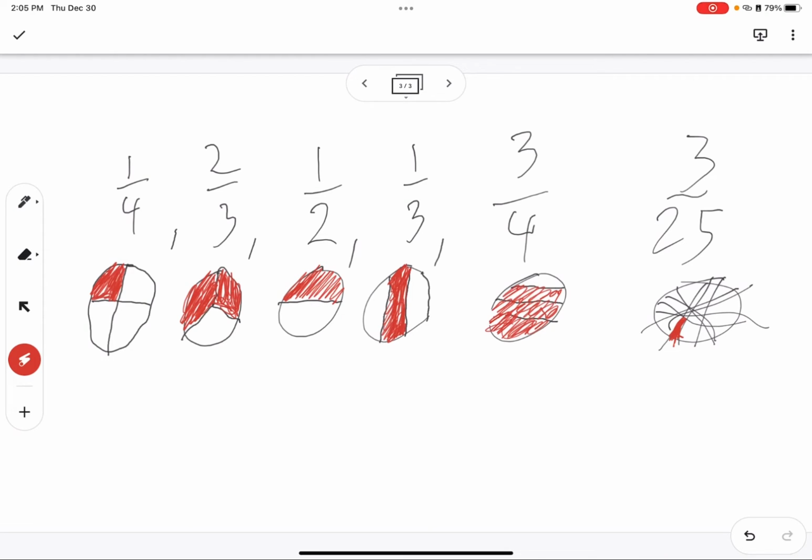Right. So when looking at fractions, if you want to understand which numbers are bigger and which ones are smaller, you first have to remember, it doesn't matter how big this number is, as long as the top number is smaller than the bottom number, this whole fraction is less than 1. Less than 1.